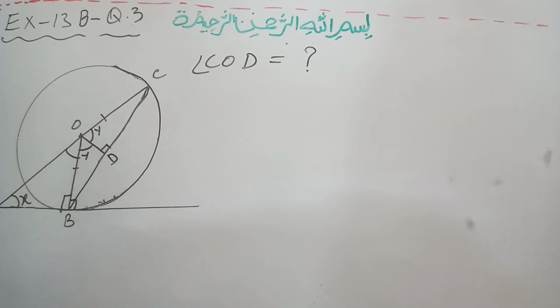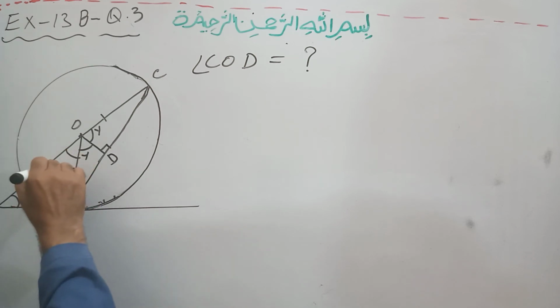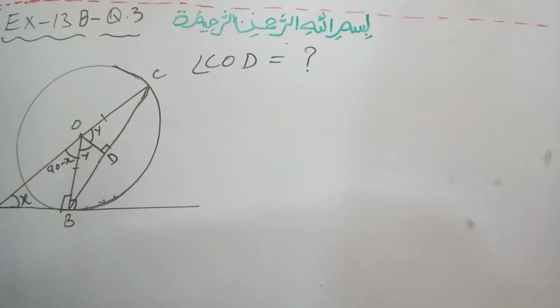What will be the value of this angle? This will be X degrees. No, this is not an isosceles triangle, so this will become 90 minus X. The sum of three angles in a triangle is 180 degrees, and angles on a straight line are equal to 180.